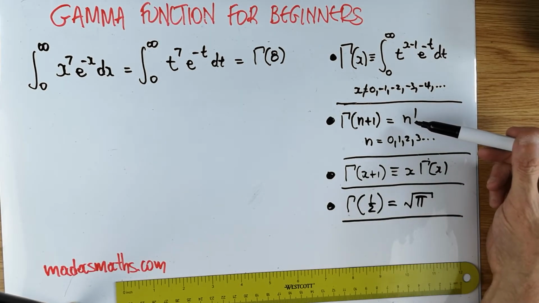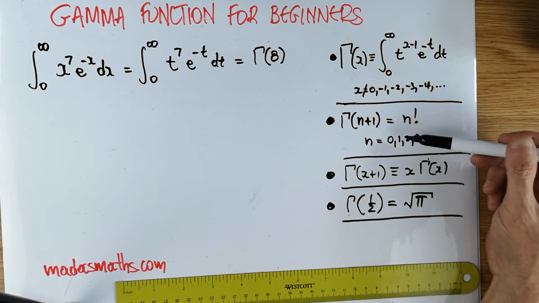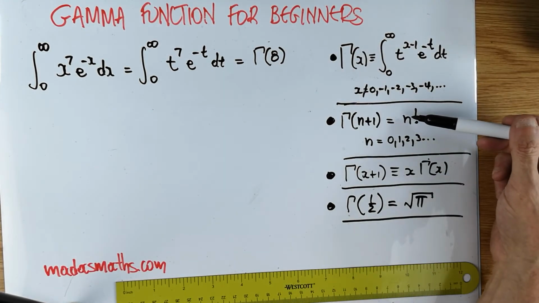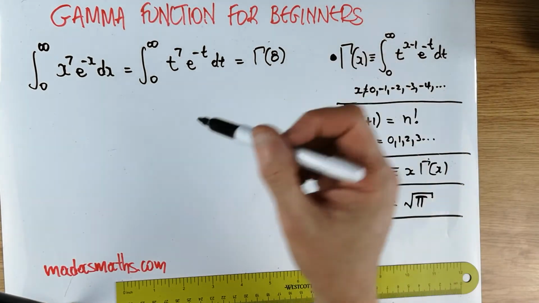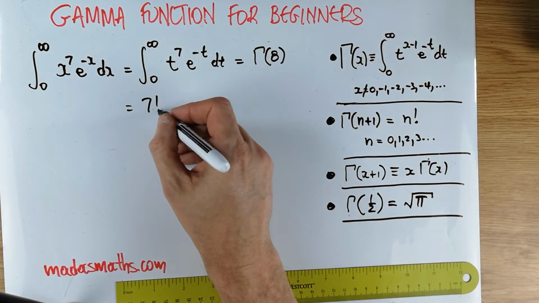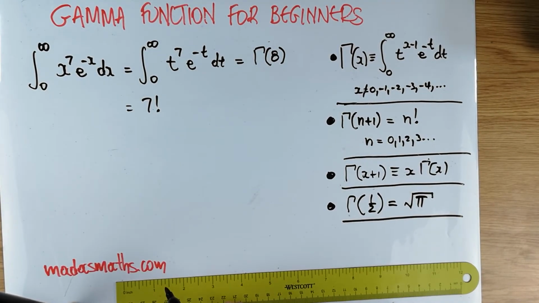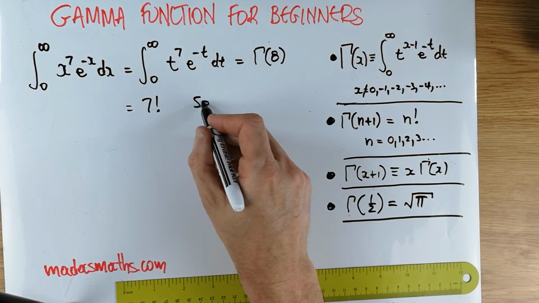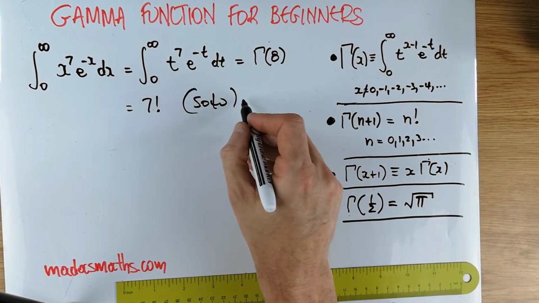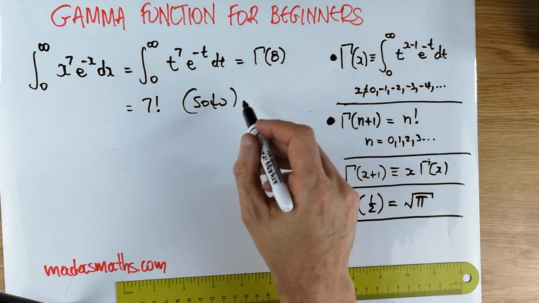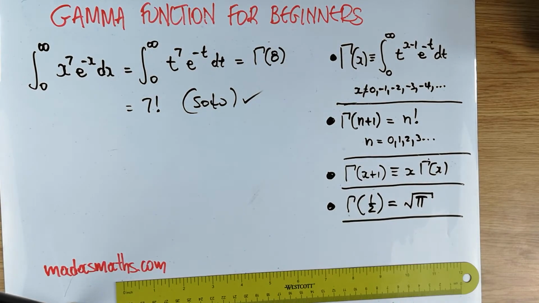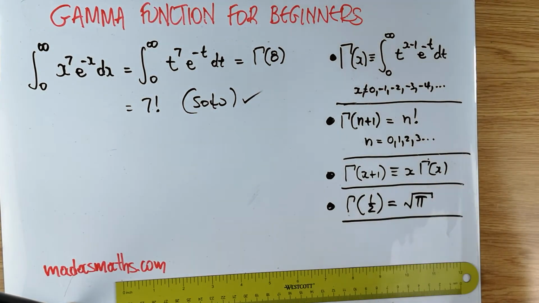I think only on the first couple of examples, maybe we did, I can't remember now. If we have whole positive numbers here, this is in fact the same as 7 factorial. I don't know what 7 factorial is. Is it 5040 or something like this? I have no idea. Please do check it. I'm not taking a calculator now. That is the answer to this particular integral. There's no integration to do at all for this particular question.